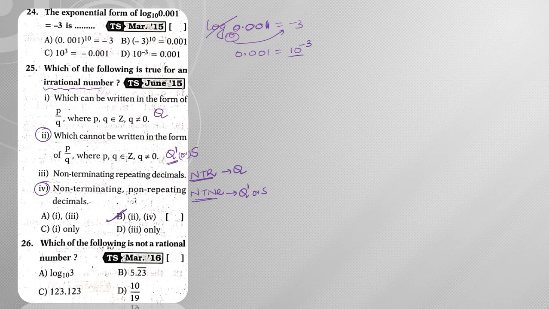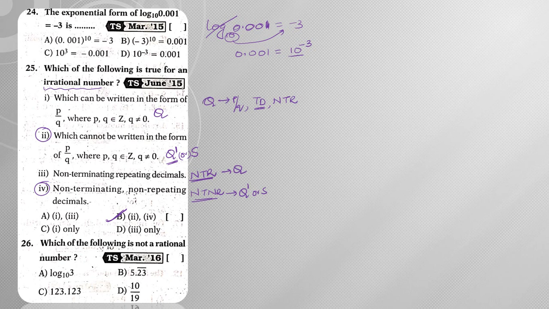Here simply remember, if you want a rational number, either you say it is of the form p by q, or it is a terminating decimal, that is TD, or it is NTR.